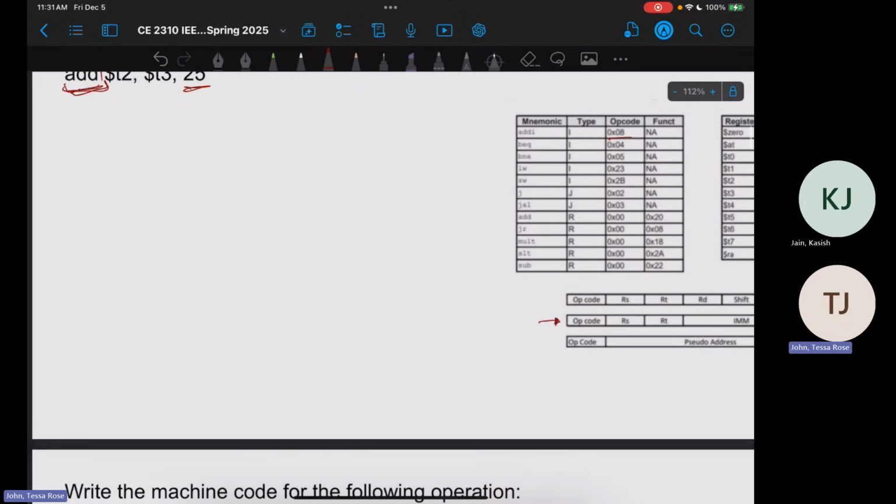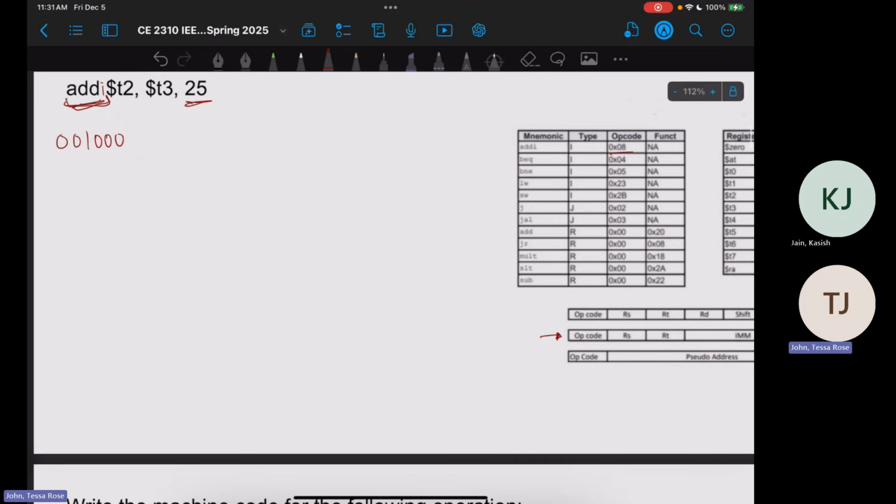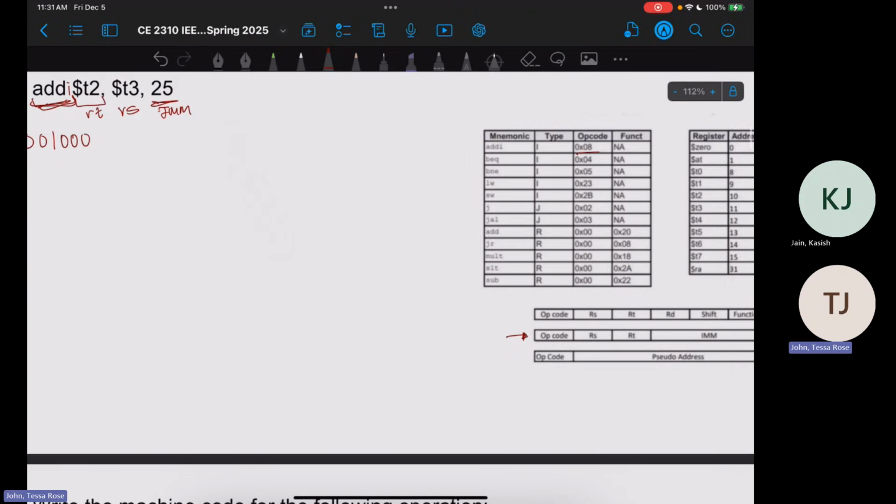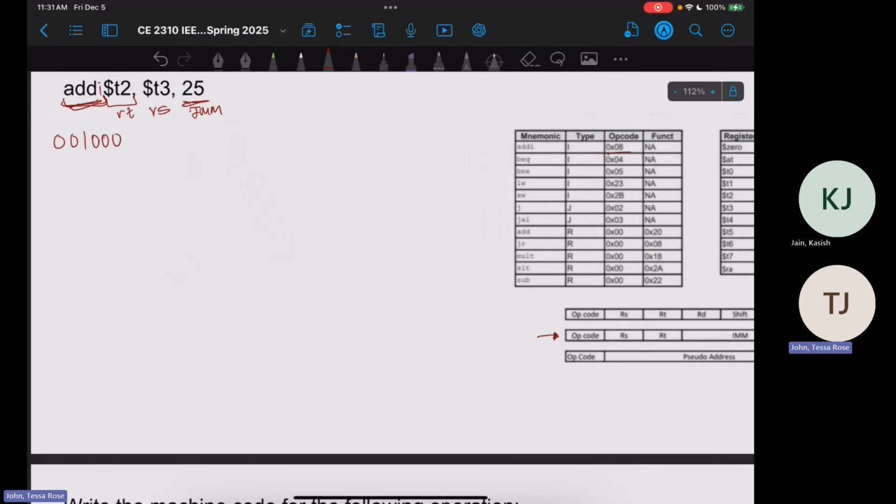So it should be 1000, and since it's 6-bit, we add zeros at the end. This is our RT, RS, and this is the IMM. And it's kind of confusing, but it kind of switches to the RS. Actually, we write the code for RS first, and then we write the code for RT, right?